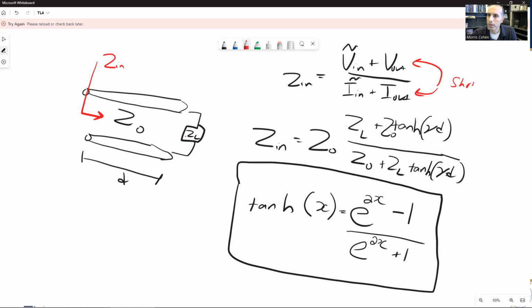These shrink with increasing attenuation, because that's the leftover voltage and current after we propagate to the load, reflect, and propagate all the way back out.